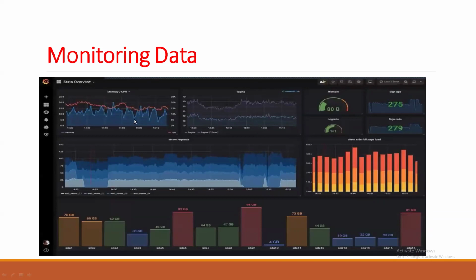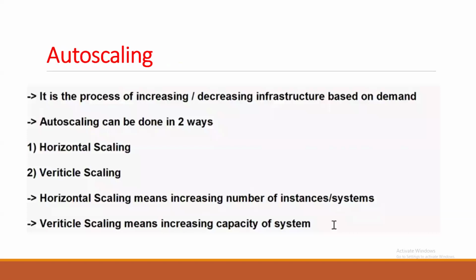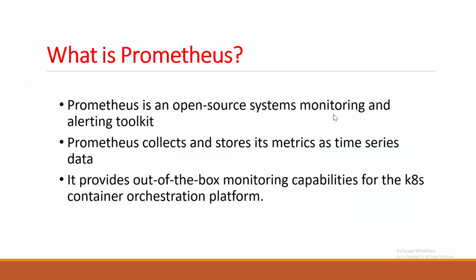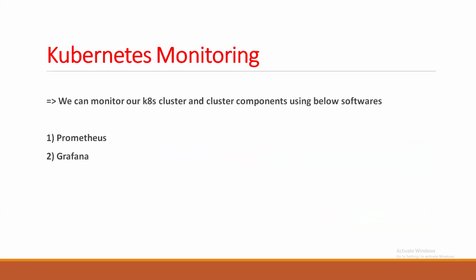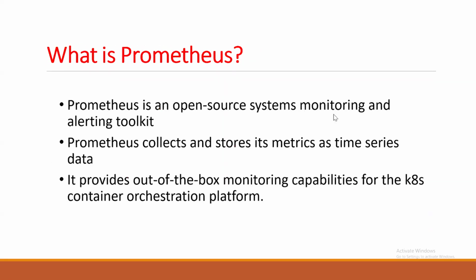These are the memory and CPU of the Kubernetes cluster. You see web server 1, web server 2, web server 3, web server 4 and the differences in CPU and memory. This is the visualization in Grafana. Guys, understood? These are the monitoring tools, Prometheus and Grafana, right, guys?